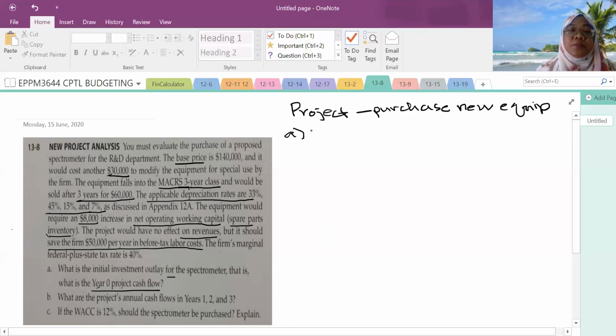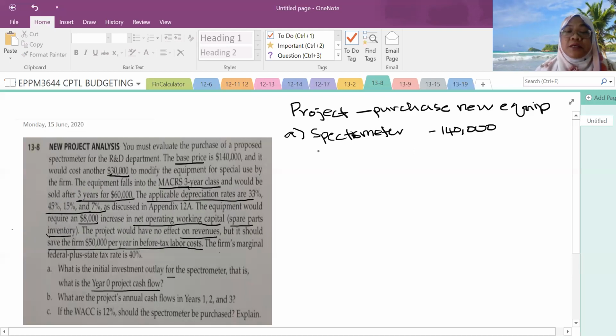First, you tengok apa yang company spend untuk mulakan projek. For example, the spectrometer. Company kena beli dan harga spektrometer ini adalah 140,000. Right? Harganya yang you kena beli, so it comes in a negative.